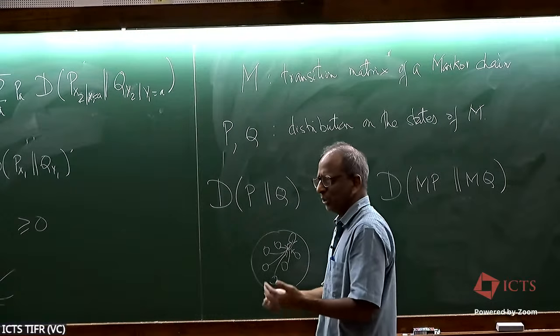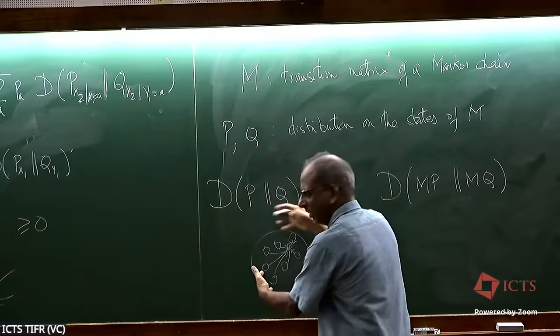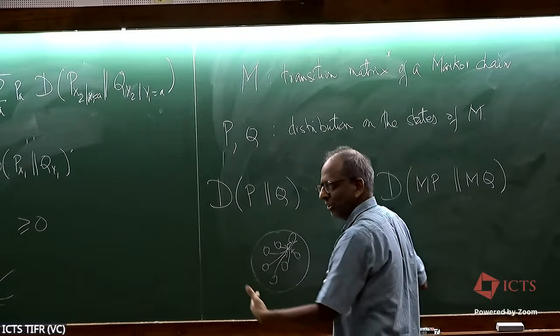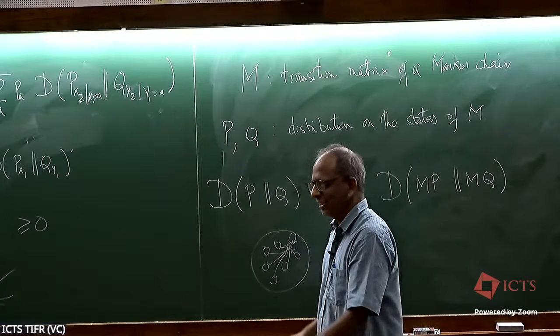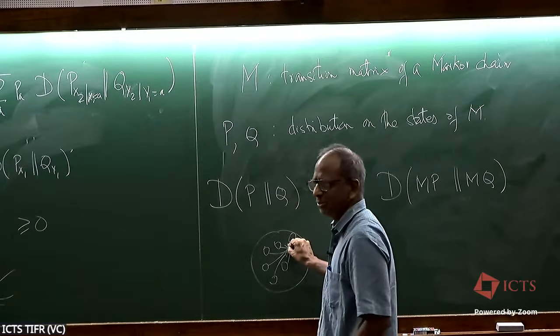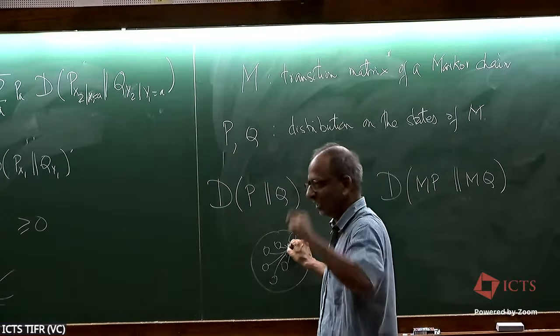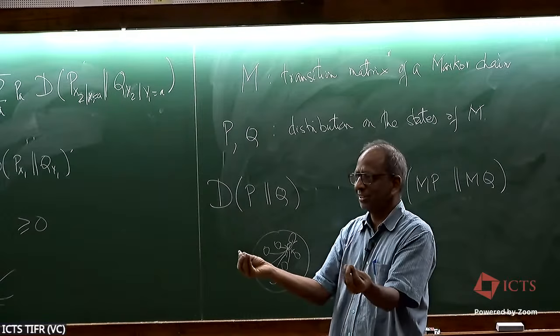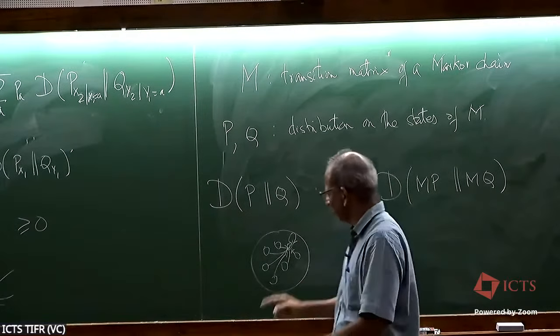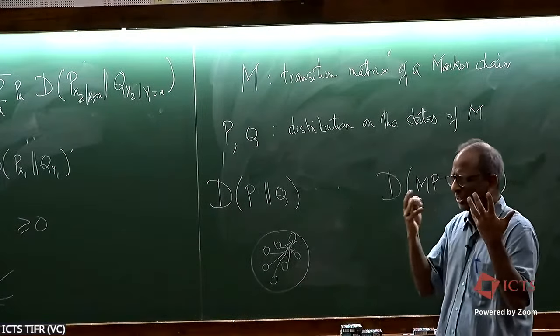Initially you had some distribution P and another distribution Q. They were distinguishable. After one step of the Markov chain, it becomes a delta on this state, and the two distributions become the same.